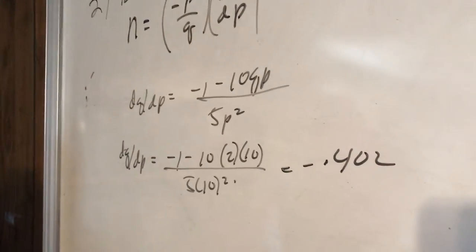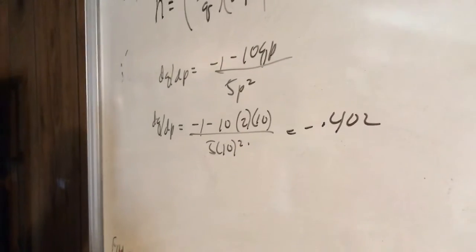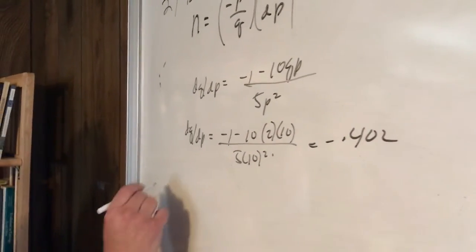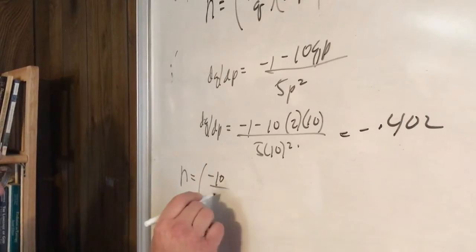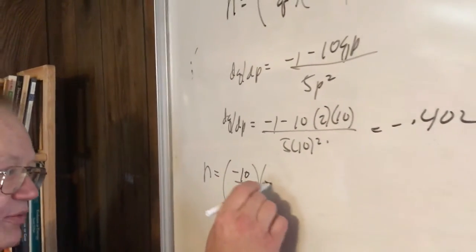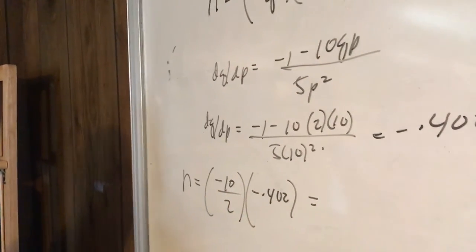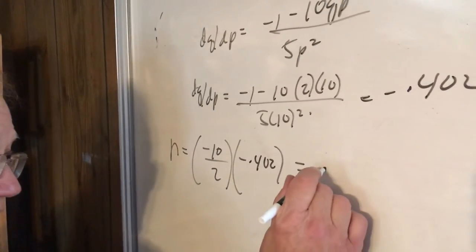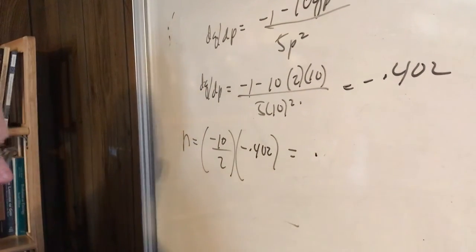Now I have everything that I need to solve for my elasticity index. So n is going to be equal to minus P, which is 10, over 2 times minus 0.402. Minus times a minus is a plus. What we get here is 0.201. Oh no, I didn't get that.